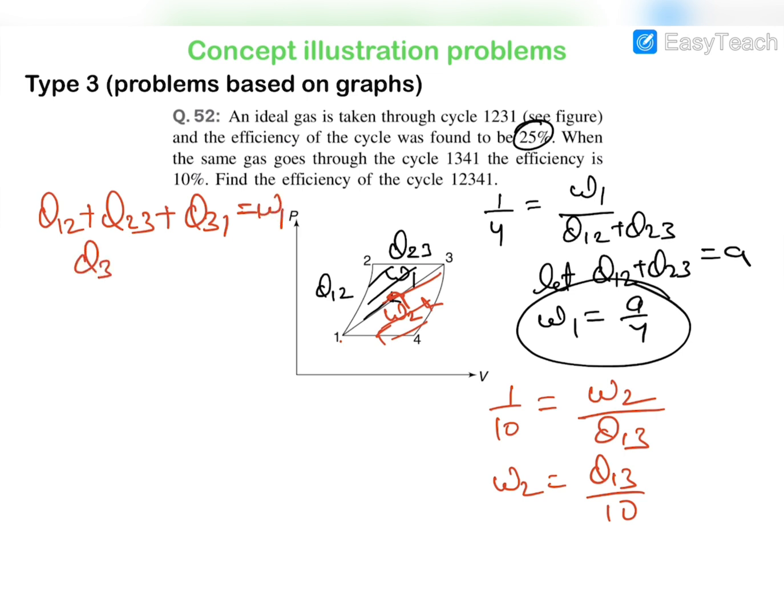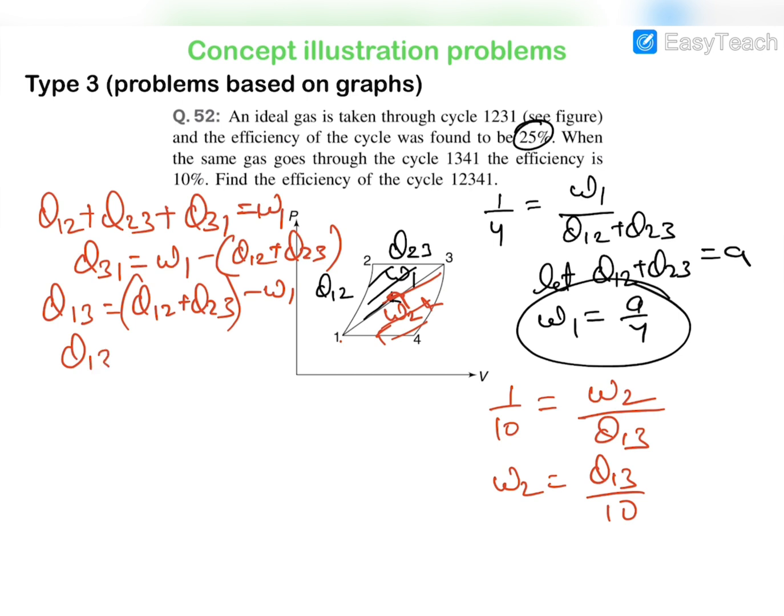So Q31 will be equal to W1 minus Q12 plus Q23, and therefore Q13 will be equal to Q12 plus Q23 minus W1. So Q13 will be equal to A minus W1. So W2 will be equal to (A minus W1) upon 10. Okay, so this is the work done in 2.